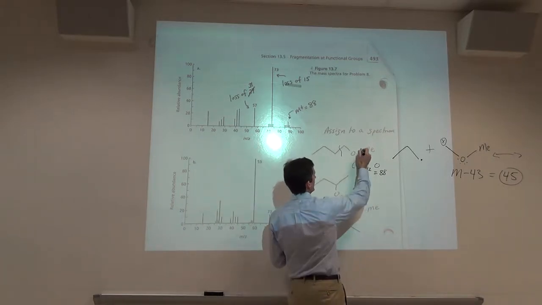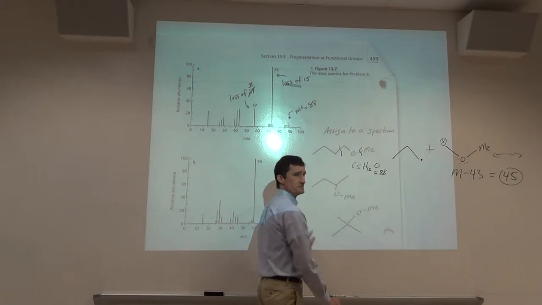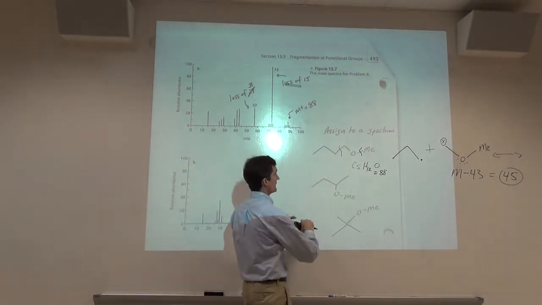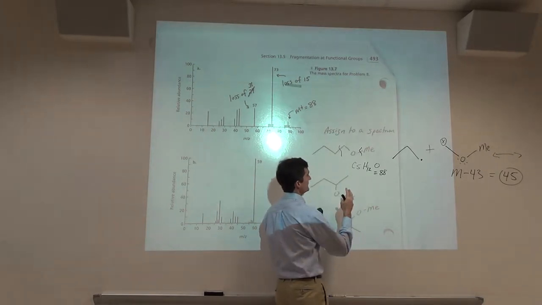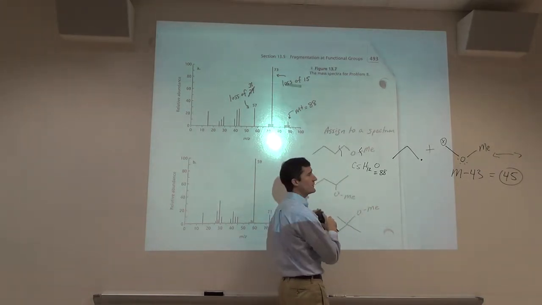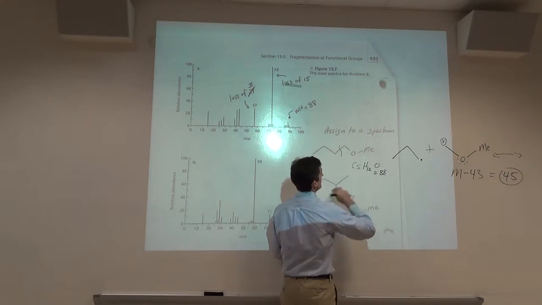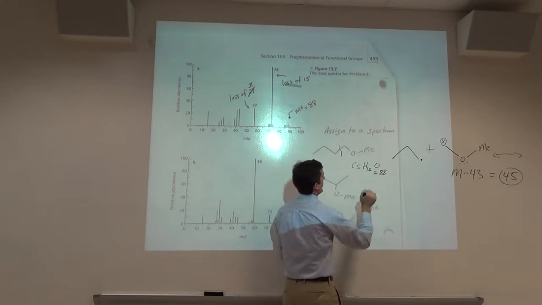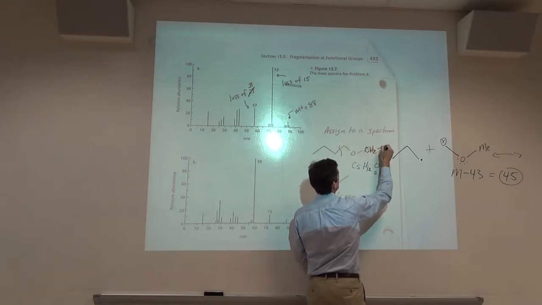We can also cleave where? Here? No. That would put the cation where? On oxygen? That's not next to a lone pair. That's on an atom with a lone pair. No. What can we cleave over here? Yeah, just an H. This is a CH2, right? It's a methyl.